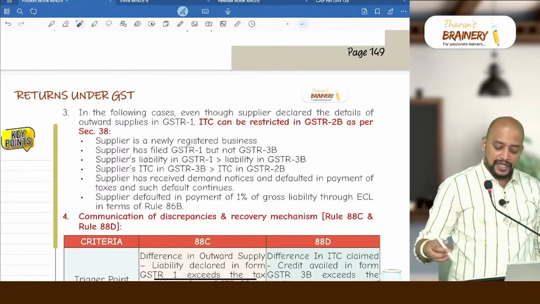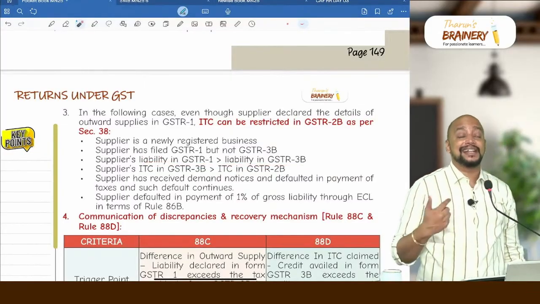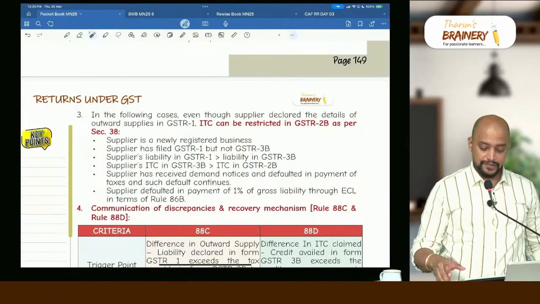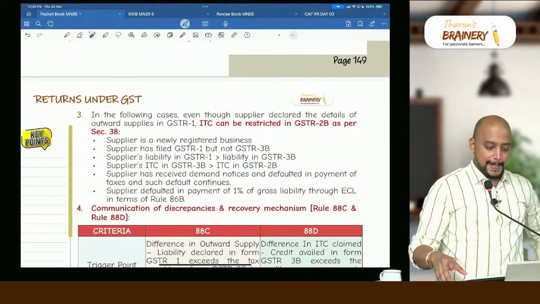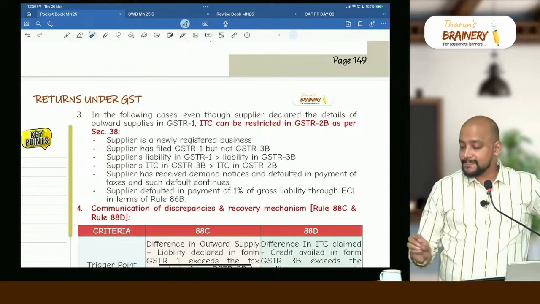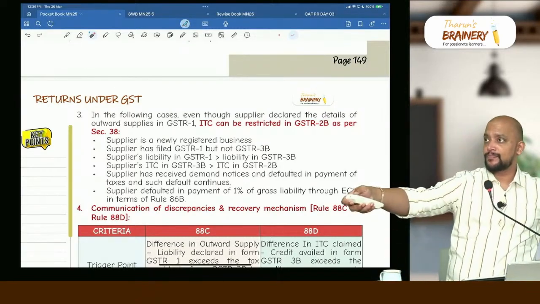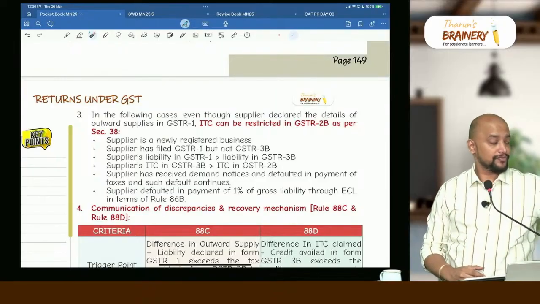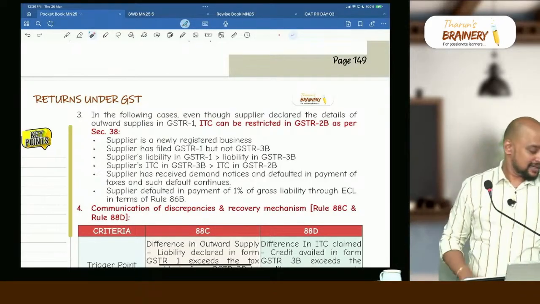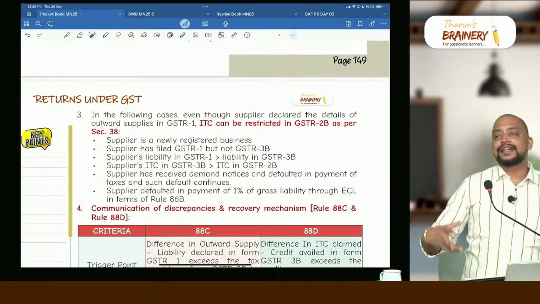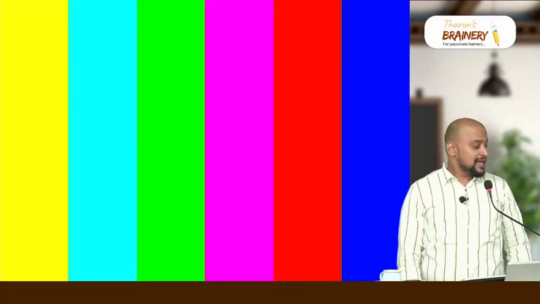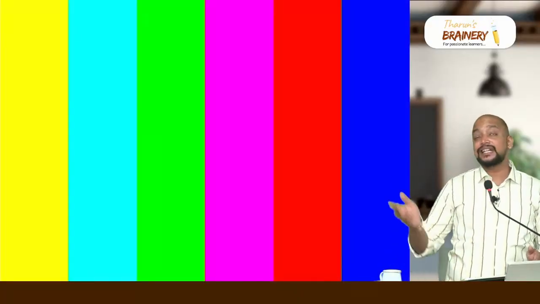Okay, then next one, supplier liability in GSTR 1 is greater than liability in 3B. Listen. The supplier has filed GSTR 1 and he also filed GSTR 3B.